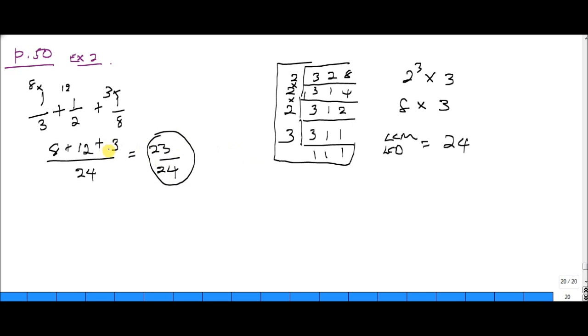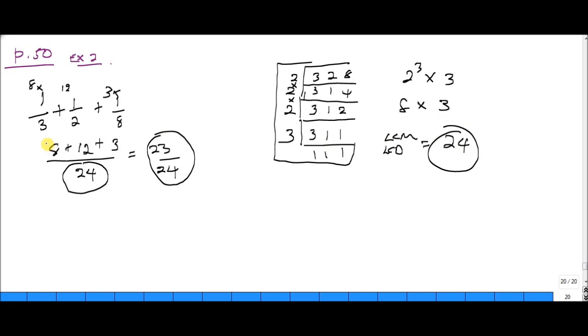Okay, so watch the steps again. First, we found a common denominator. Then we made all of them equivalent. So we use the LCM, the prime factorization approach, to find the common denominator of 24.